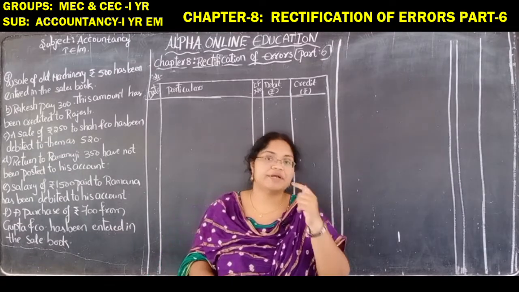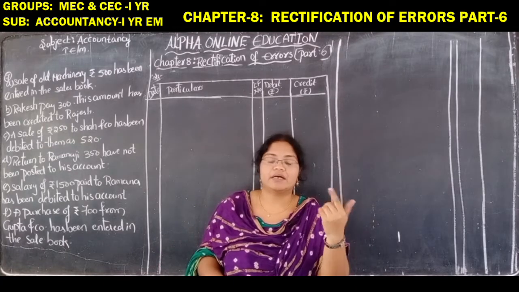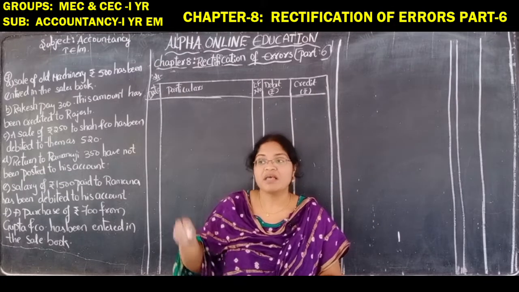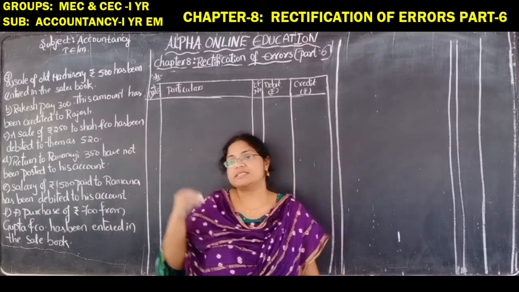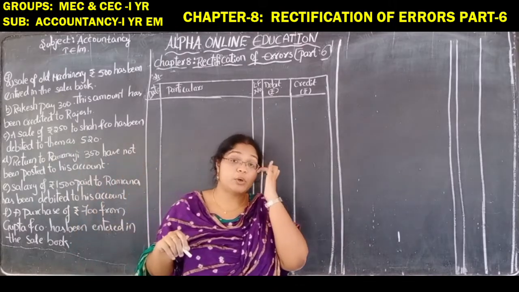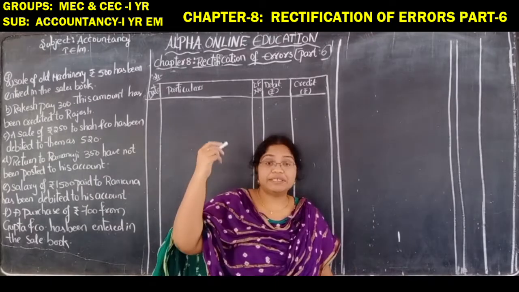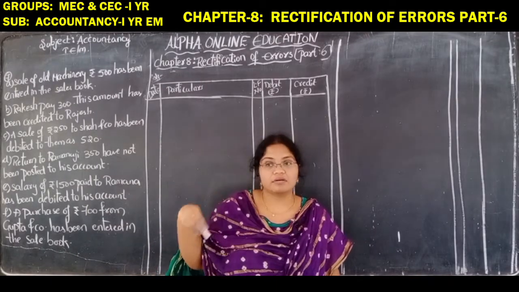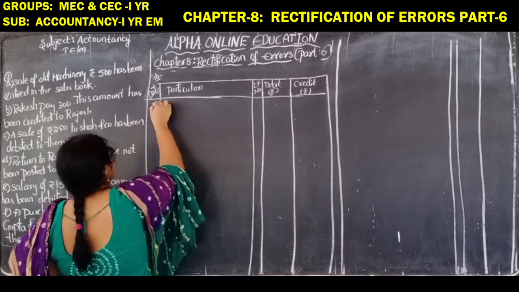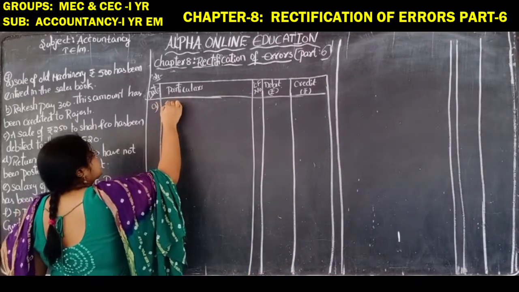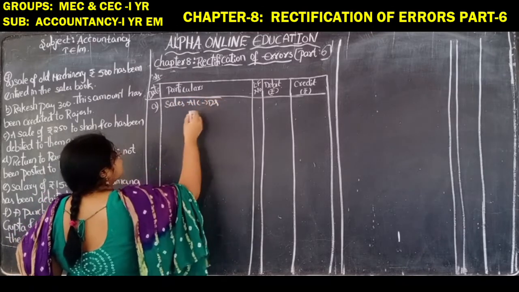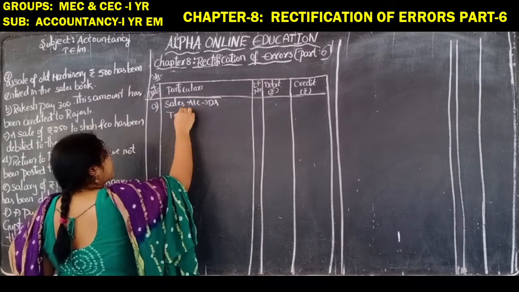So we have to rectify it by debiting the sales. They have written it in the credit. Yes, they have written like this, cash account debit to sales account. Now what I am going to do is debit the sales and credit the old machinery. So sales account debtor to old machinery account.